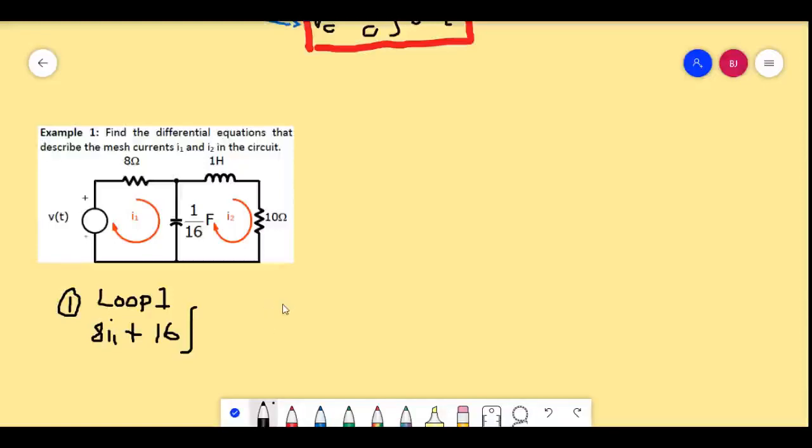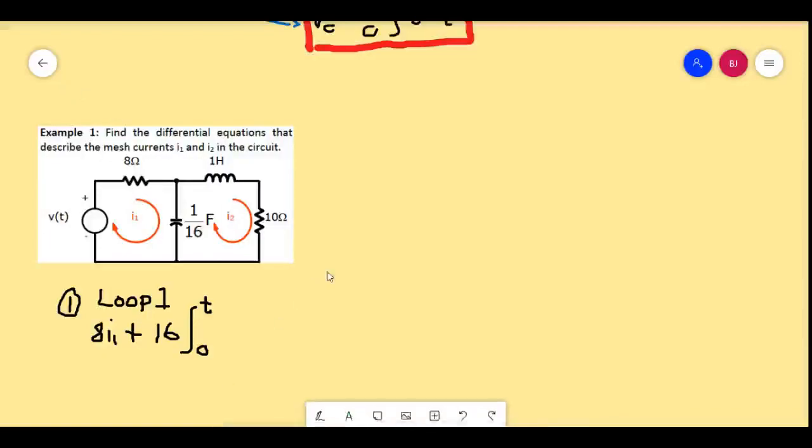We have to represent this as a definite integral, so it would start from 0 up to where t is. In some texts, instead of putting 0, they put in negative infinity. That's okay.